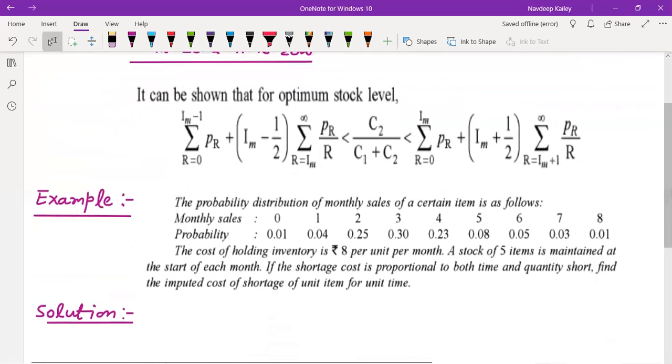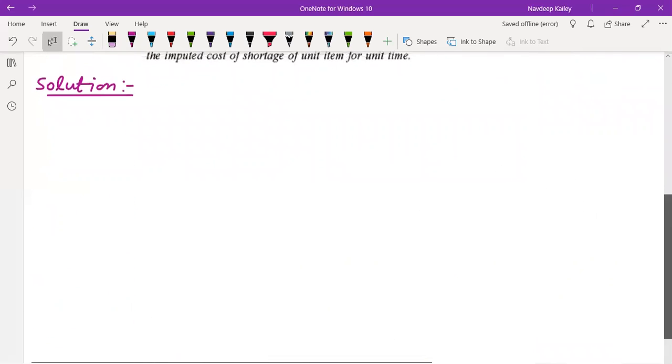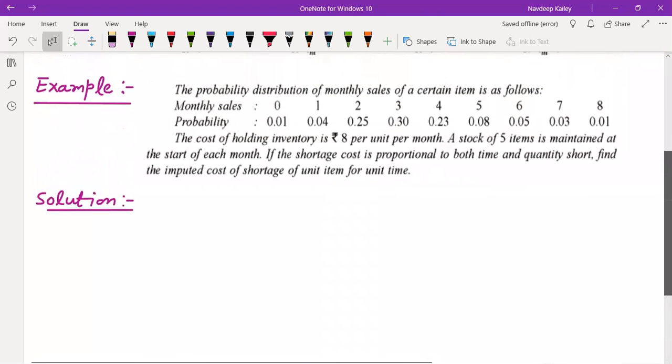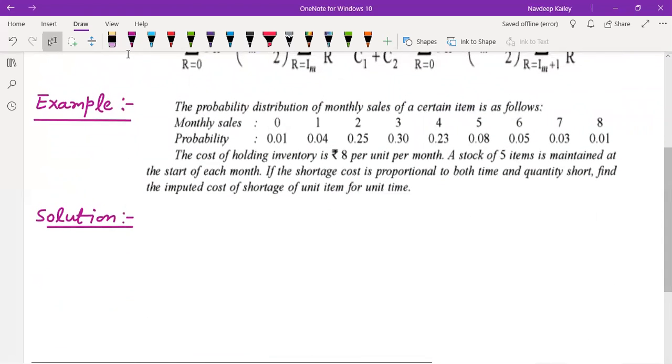Here the example is: the probability distribution of monthly sales of a certain item is as follows.